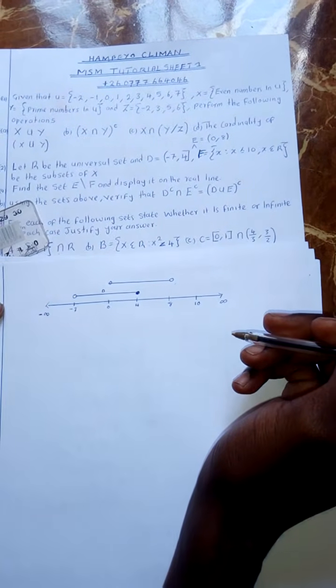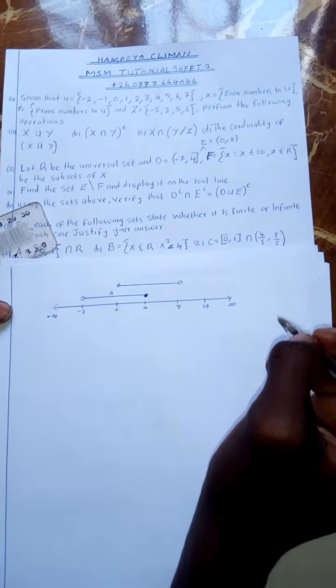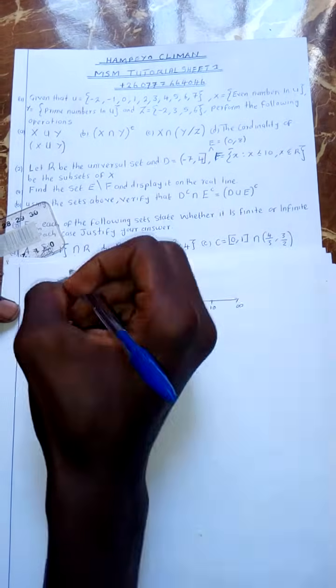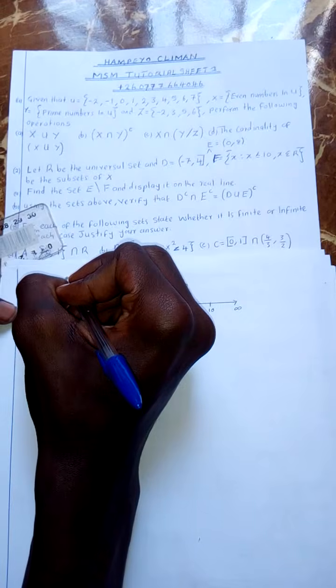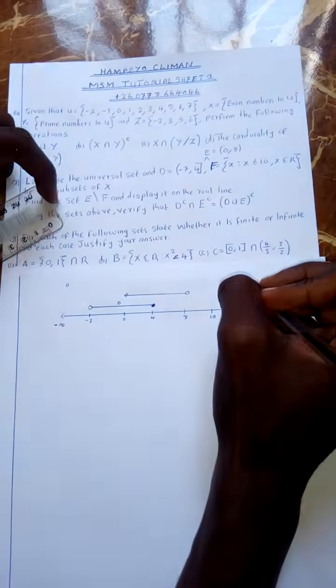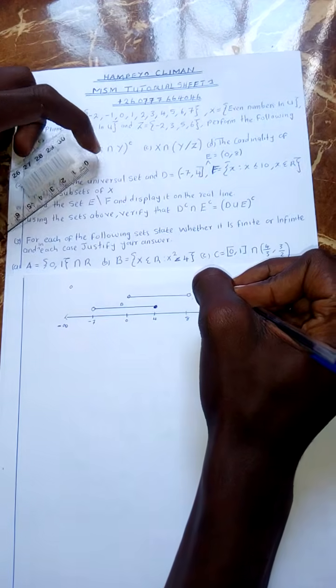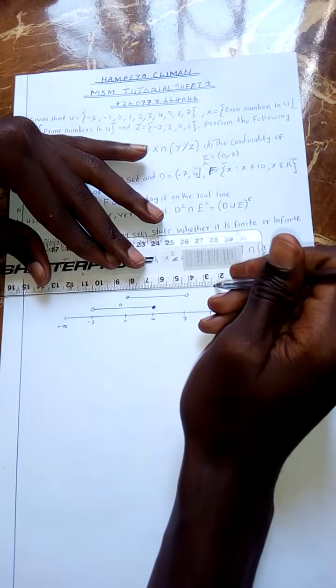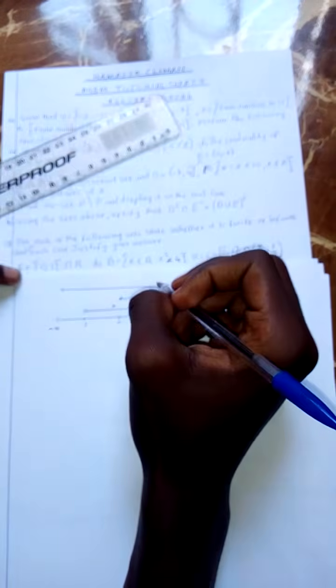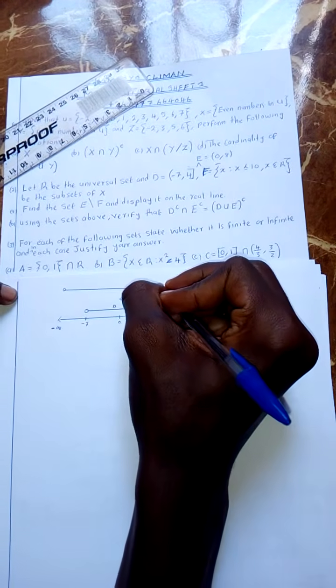Then I'm also going to consider F. Now they are saying that F is from -infinity. So I'm going to open a circle here. Then I'm going to close the circle like this at 10. Okay, like this. So now, this one was E, this was F. This is the universal set.